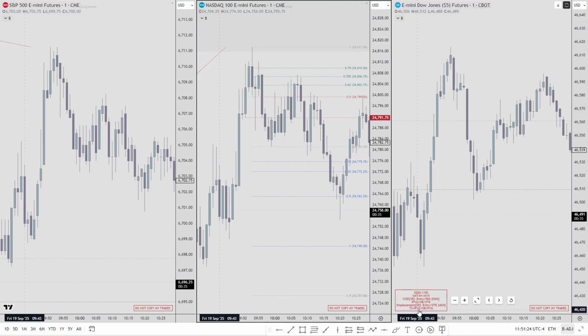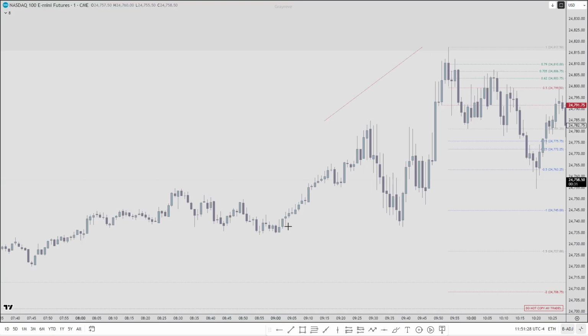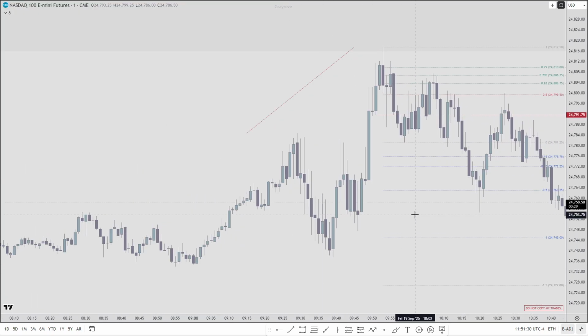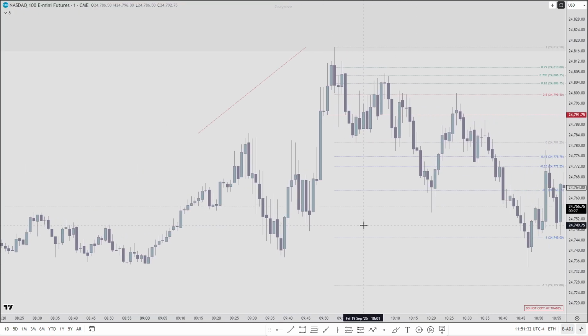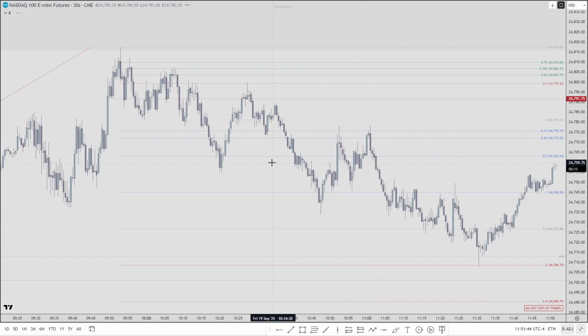And the first PD array that I would always look for is inversion fair value gaps. So for 1 minute structure, I usually start from 30 seconds, moving down into 15 seconds, and lastly 5 seconds if I have to.